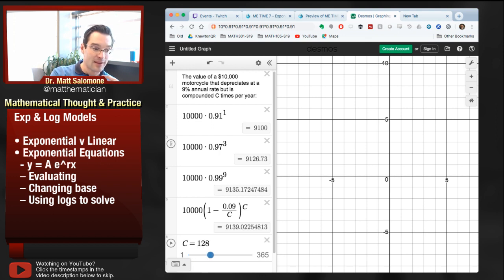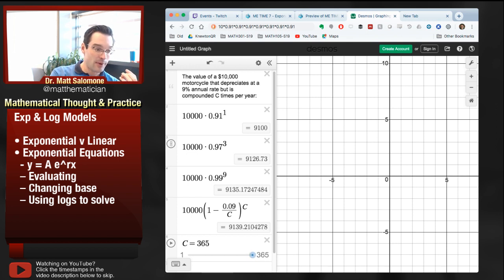As the number of times that I cut up my 9% over the course of the year gets bigger, and I compound more often, it turns out that the value at the end of the year kind of settles down upon a number. It looks like about 9139.